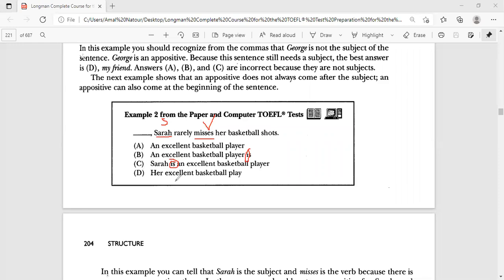And answer D contains a noun, play. Okay, that could possibly be an appositive, but play is not the same as Sarah, so this answer is not correct too. Okay, now let's move to the exercise.